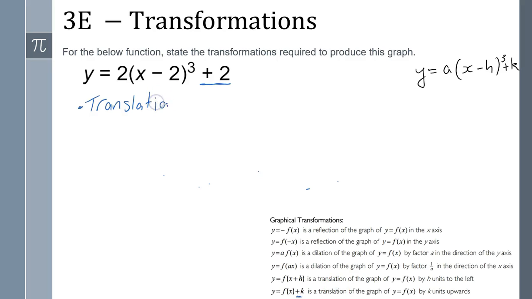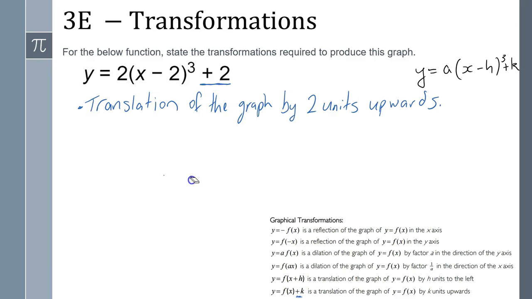Translation of the graph by 2 units upwards. Okay, so I'm copying that wording word for word. Couldn't see it before, I've moved my hand. So it is a translation of the graph by 2 units upwards. Okay, so I've just copied that.